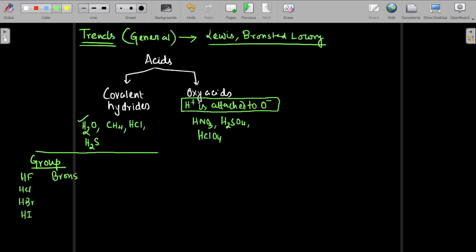In the Bronsted concept, we just measure the ability to donate H plus. The highest bond length is in HI because iodine is a large atom. The highest bond length means the bond is easy to break, and HI is going to give away H plus much more easily than its predecessors. So the acidic strength will follow this order.